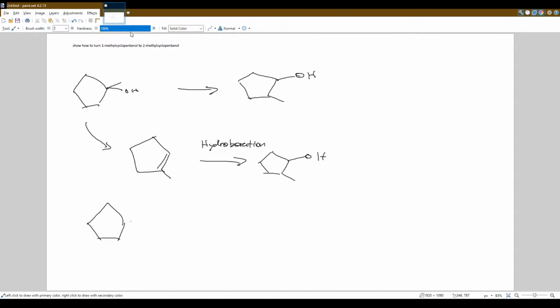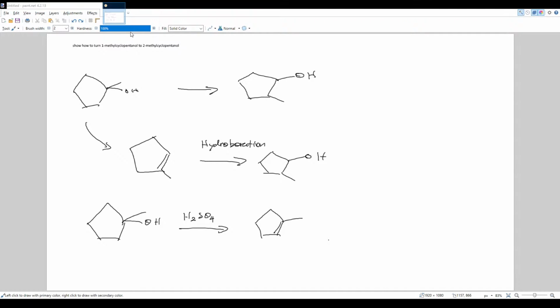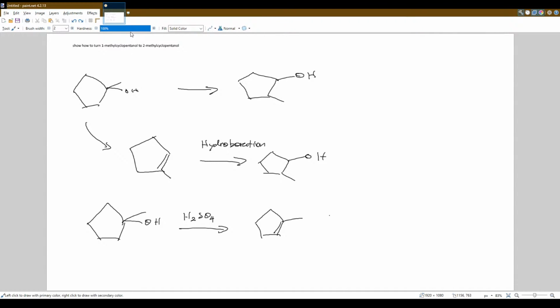We'd first start with the methylcyclopentanol, and we treat it with strong acid to get an alkene like this, to get this alkene, which is the same thing as this alkene. These are the same molecule, as far as I know. Yeah, you can just rotate it and it'll be the same molecule.